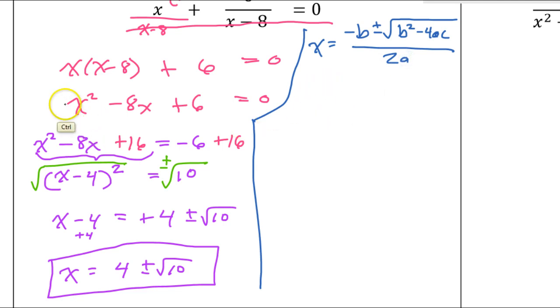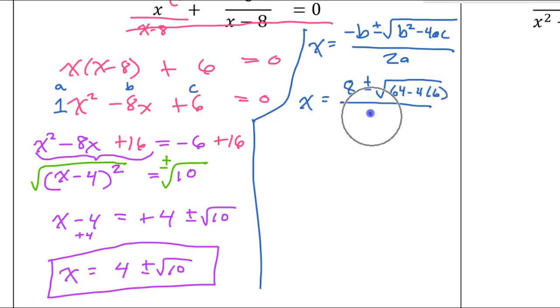Okay, so in this problem, a is 1, b is -8, and c is 6. So this is going to give me opposite of b, so it's 8 plus or minus the square root of b squared, so that's 64, minus 4 times 1 times 6.